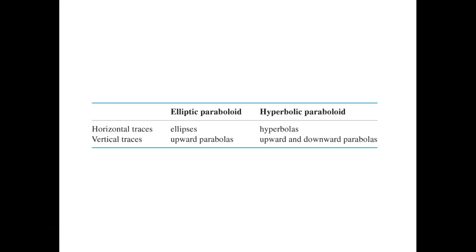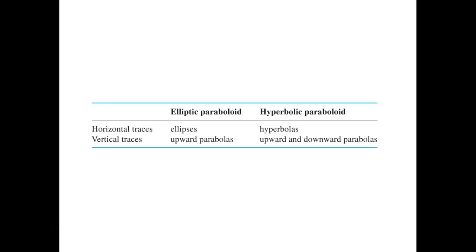Elliptic paraboloids, that'd be that parabola like this, spun around the z-axis or whatever axis, and so you have a dish that's parabolic. If you cut horizontal traces, with z being your axis, every one of those is an ellipse going up.